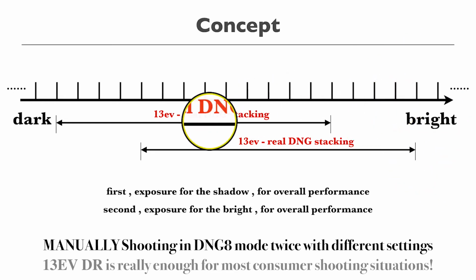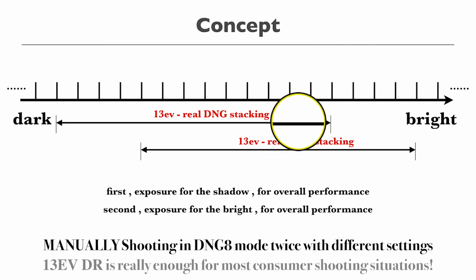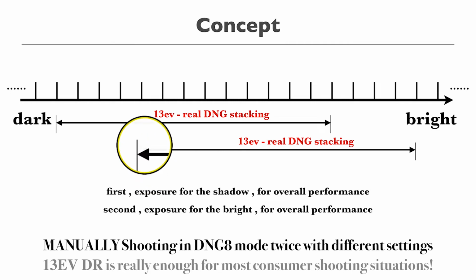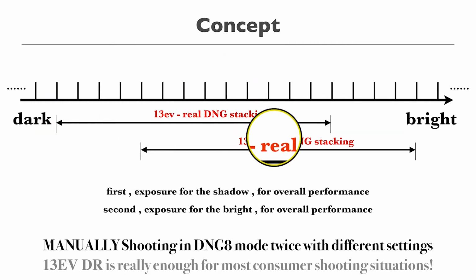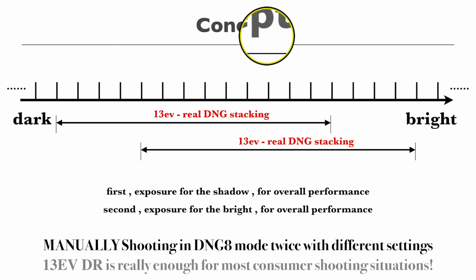And you can take a second exposure shot and manually tune the exposure parameters for the bright areas, which means you can recover a very good highlight range, but you will lose the detail in the dark. And you combine these two shots in HDR software, and you will get a much wider dynamic range compared with AEB and almost no ghosting.